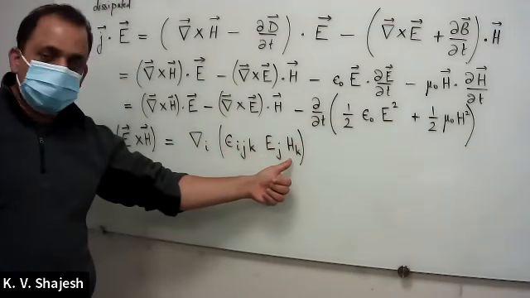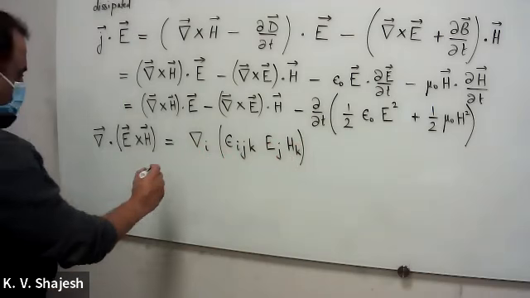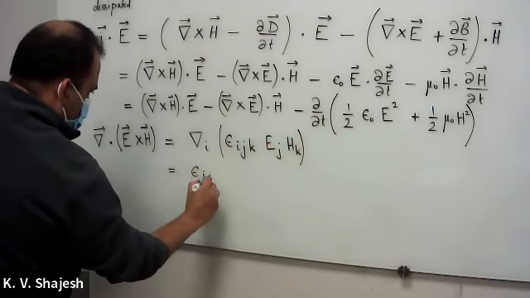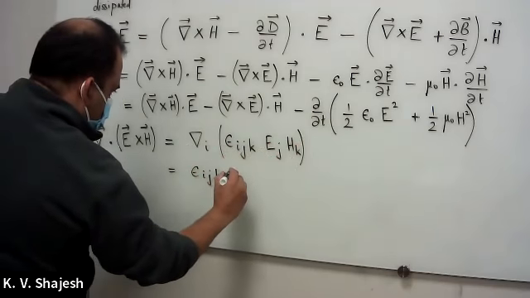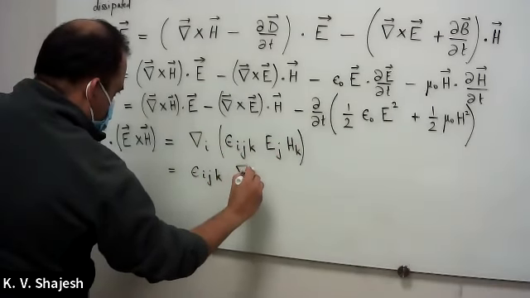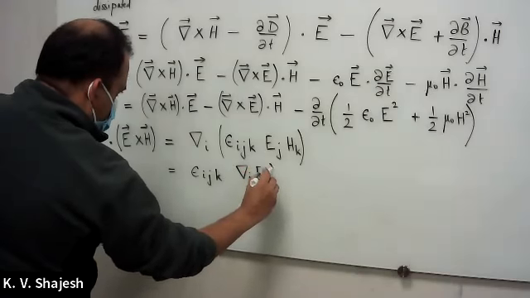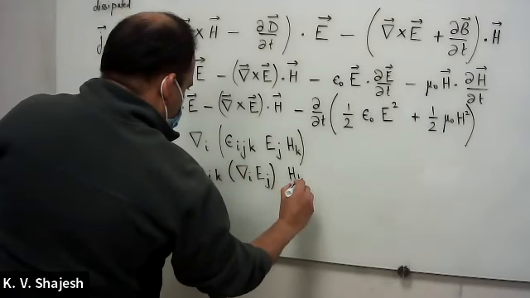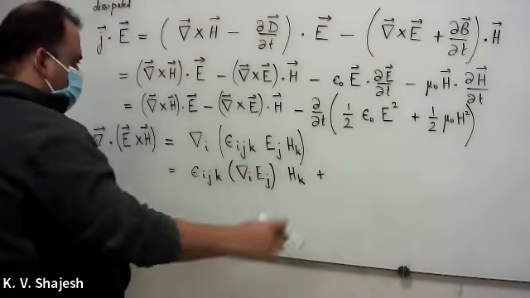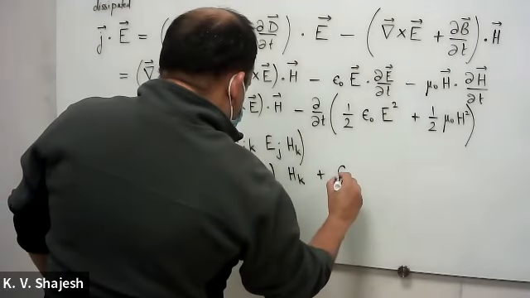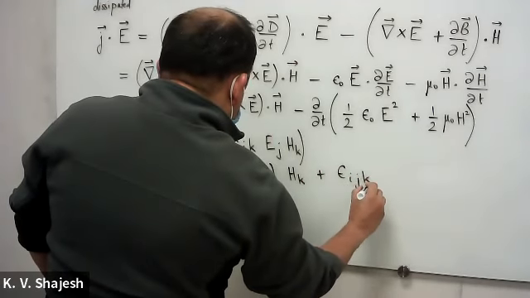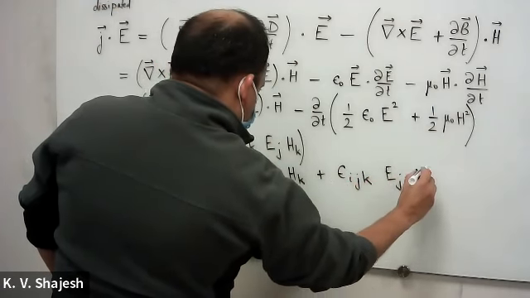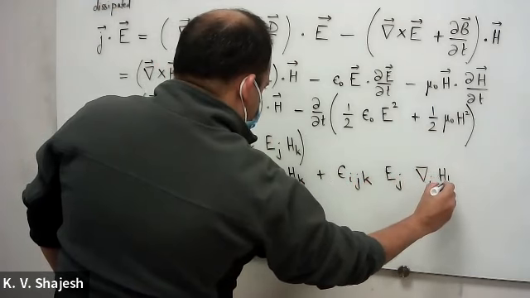So it can hit this or that. When it hits E, I'll write this as del_i E_j times H_k. And this is a distribution going on, right? So that's epsilon i j k and E_j times del_i H_k.